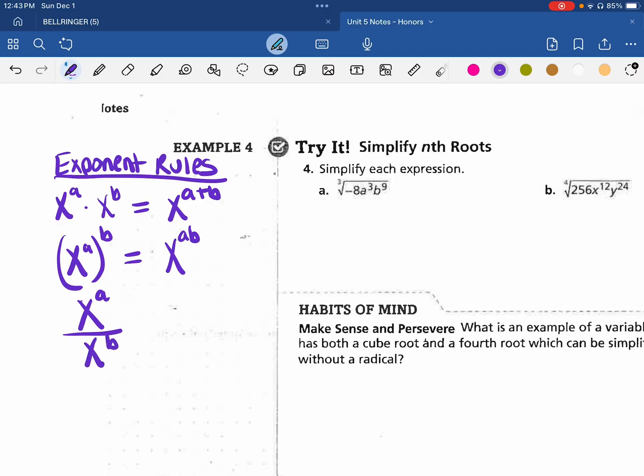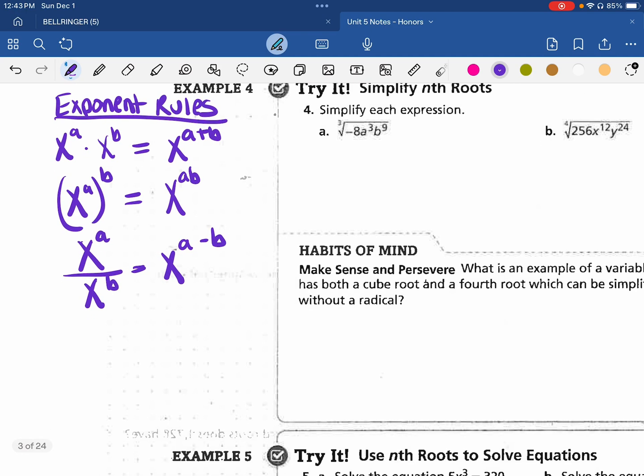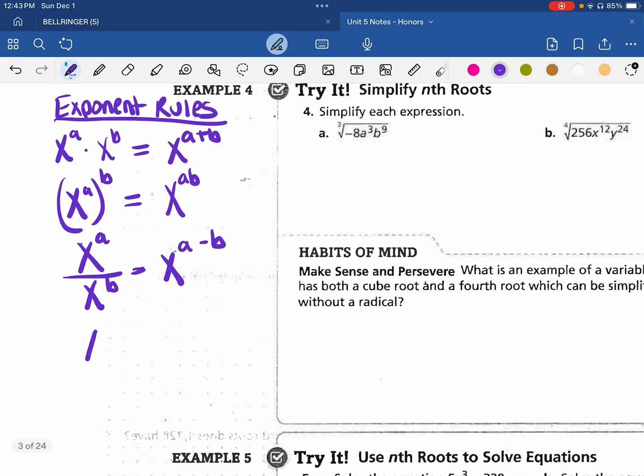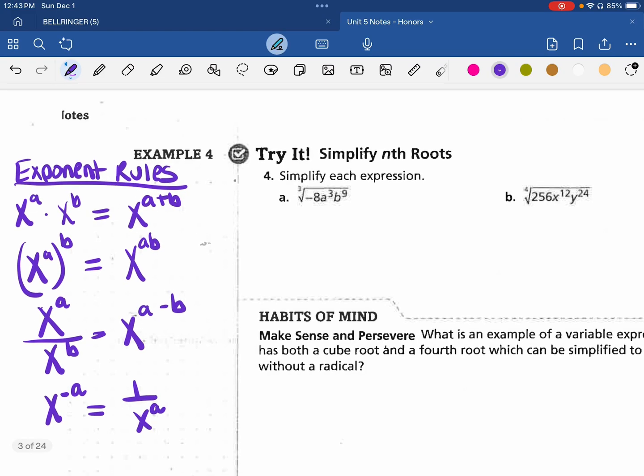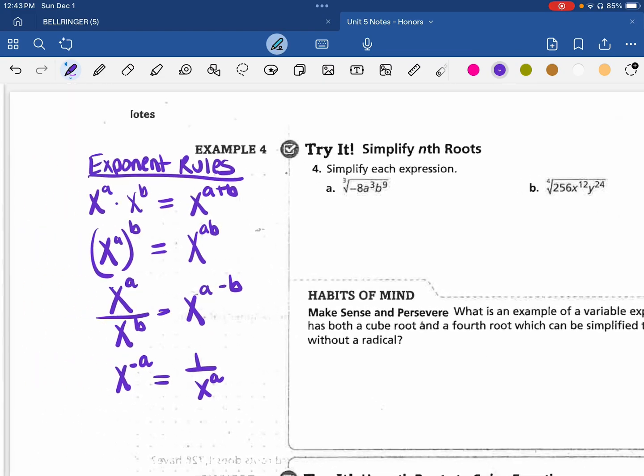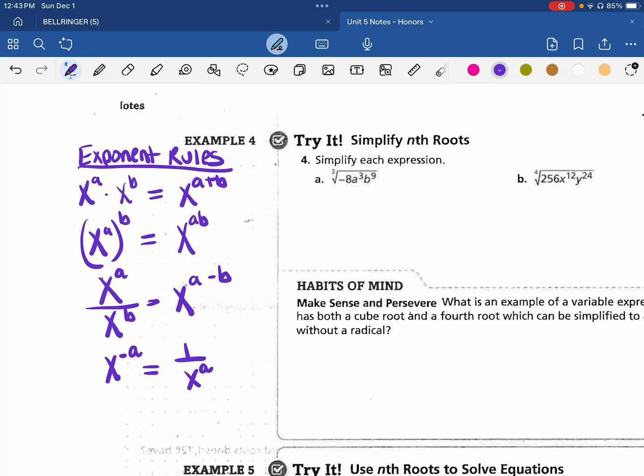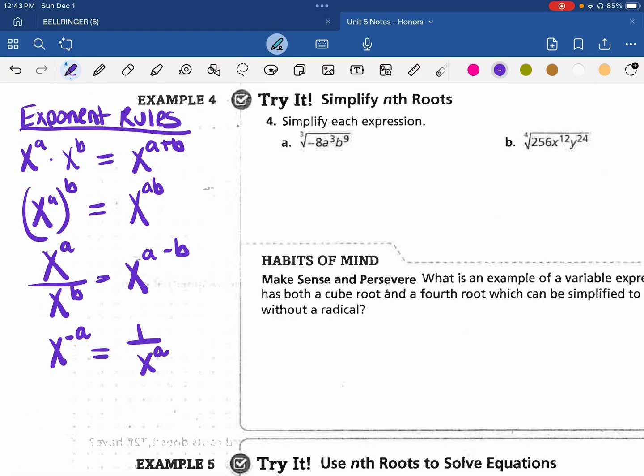You don't divide the x's out, you keep it x, but you subtract your exponents. And finally, if you have a negative exponent, it doesn't make your base negative. It changes it to a fraction. That's coming up in this section at some point.